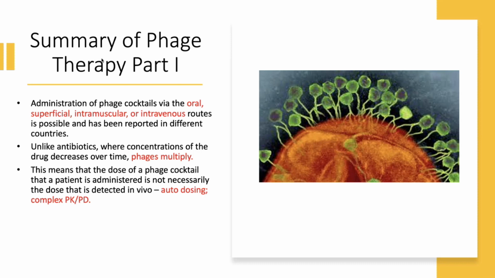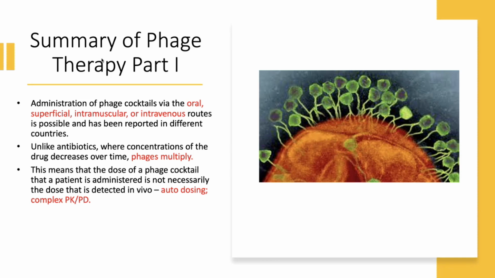But a lot of the studies coming out of Russia, Belarus, Poland, all these Eastern European countries have demonstrated that these can be given orally, superficially, IM, and IV with good systemic bioavailability. And again, unlike antibiotics or any chemicals, phages multiply over time. So when you give a drug, you know that these drugs have half-lives and volume of distribution, and the concentrations will decrease over time.